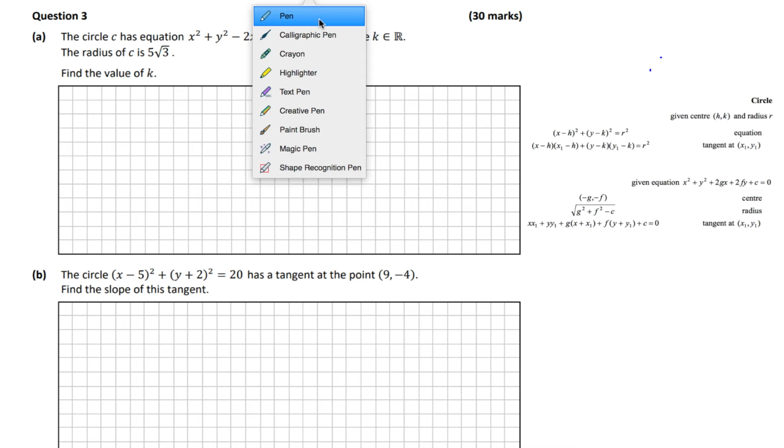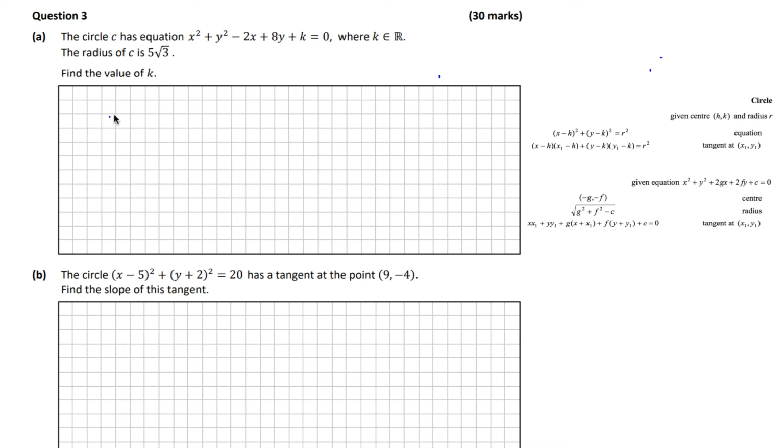Okay, so we're going to use that now. The square root of g squared plus f squared minus c, that is the radius, okay?